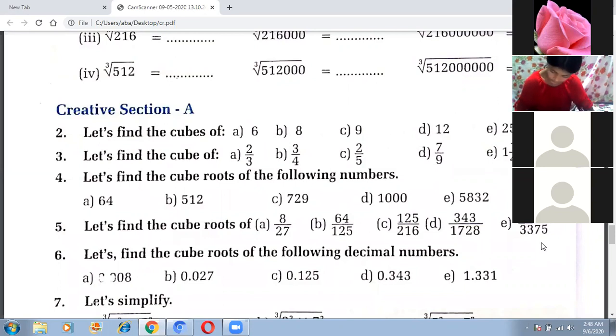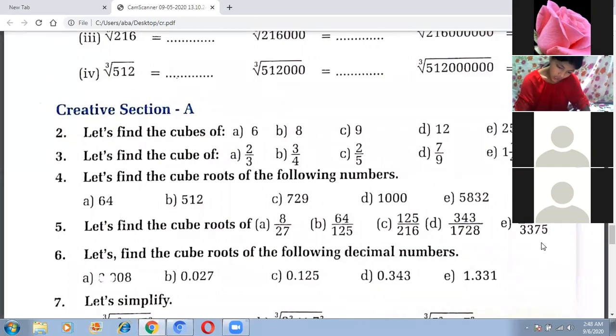Now, 3 identical numbers, 3 same numbers, you write in one group. 3375 is factorized as 3 into 3 into 3 into 5 into 5 into 5. Now group them: 3 identical numbers in a group. Like 2 into 2 into 2 is 2 cube.